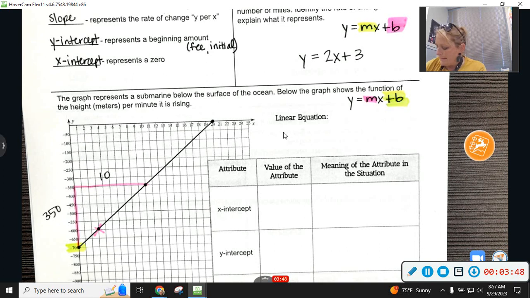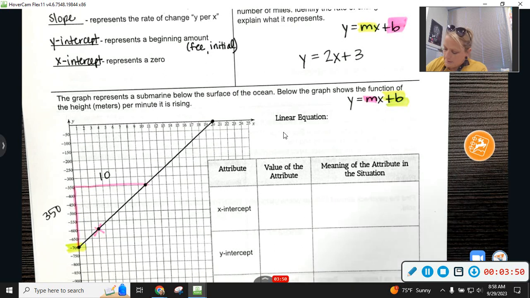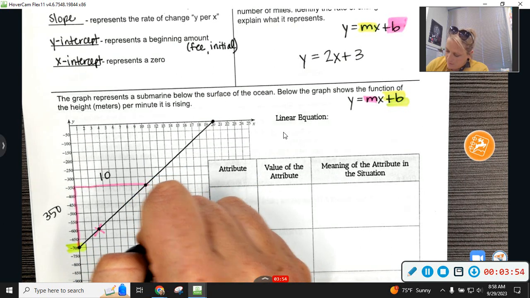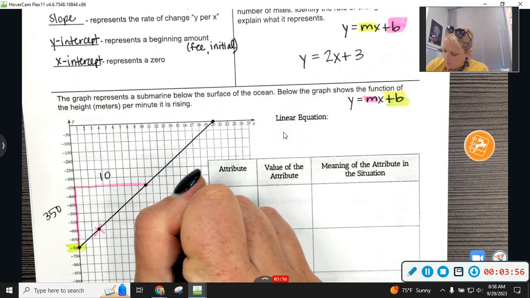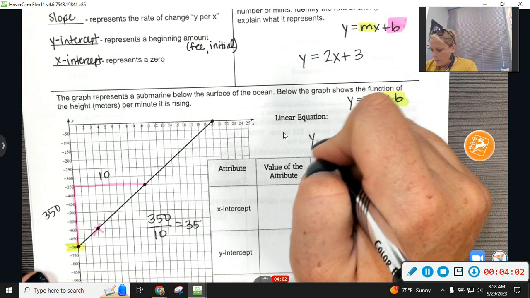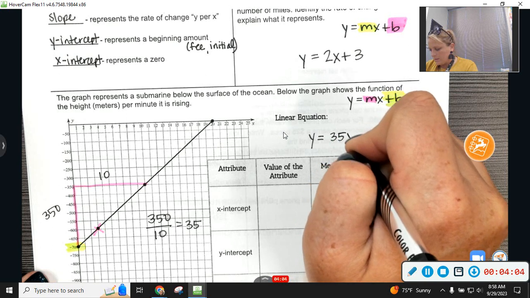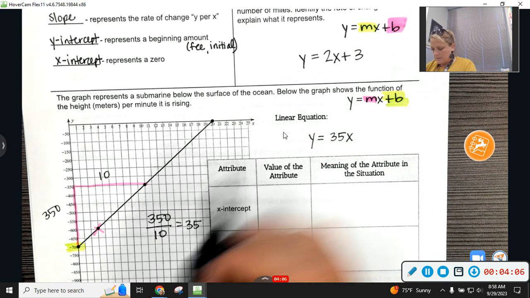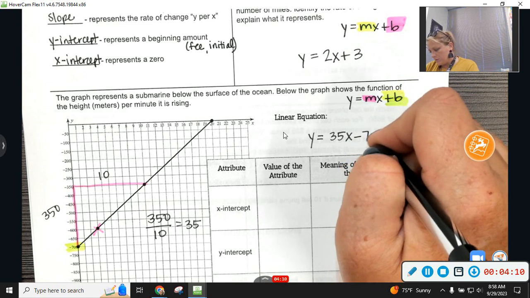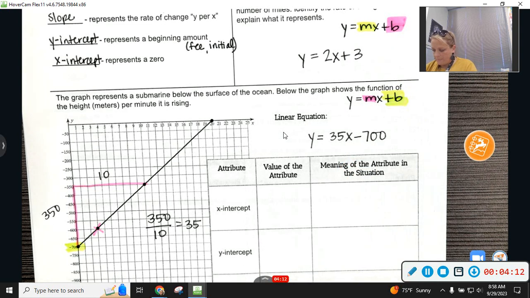Alright, so I'm going to put that into the fraction, 350 over 10, which is going to equal 35. Right, so my equation is y equals 35x, so that's my slope that I found, and then this is negative 700. It's my linear equation.